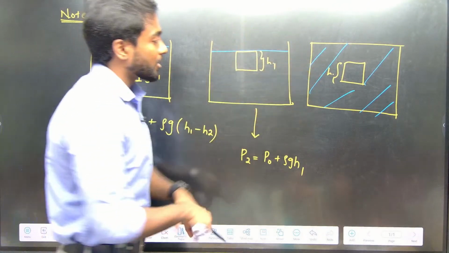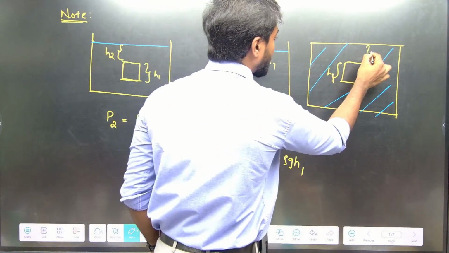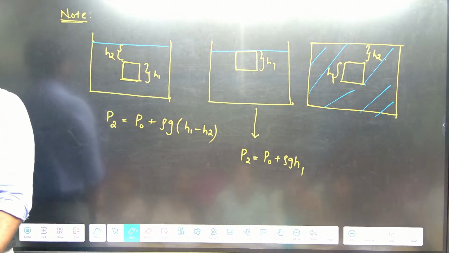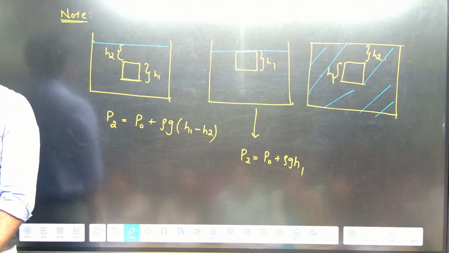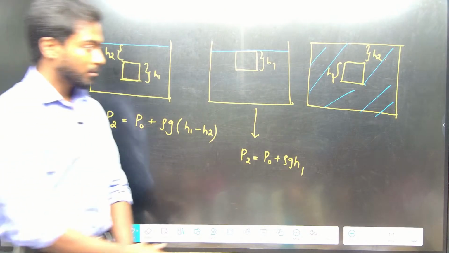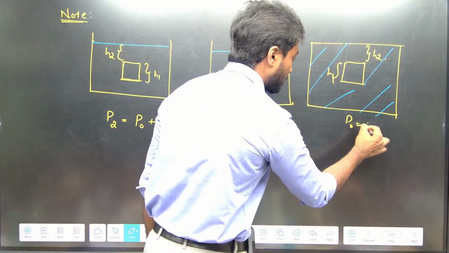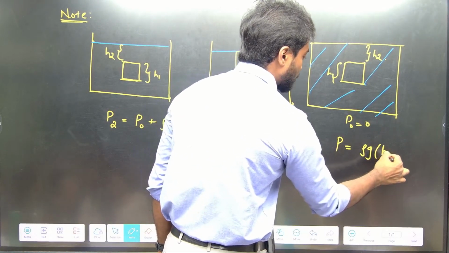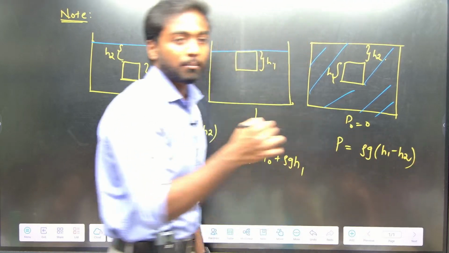And the third condition, this is height H1 and this is height H2. Is this a closed container or open container? There is no atmospheric pressure. Can I say P0 is equal to 0? So P will be equal to rho g (H1 minus H2).